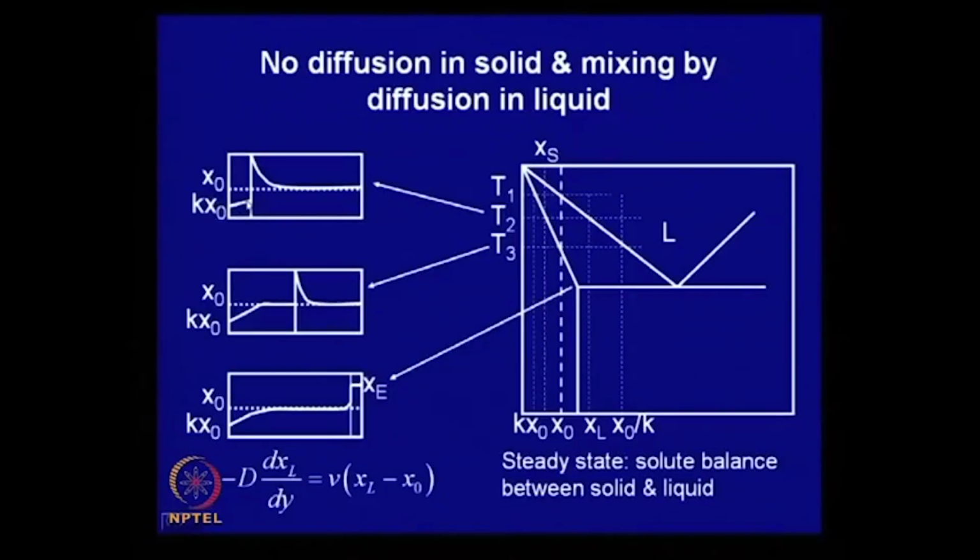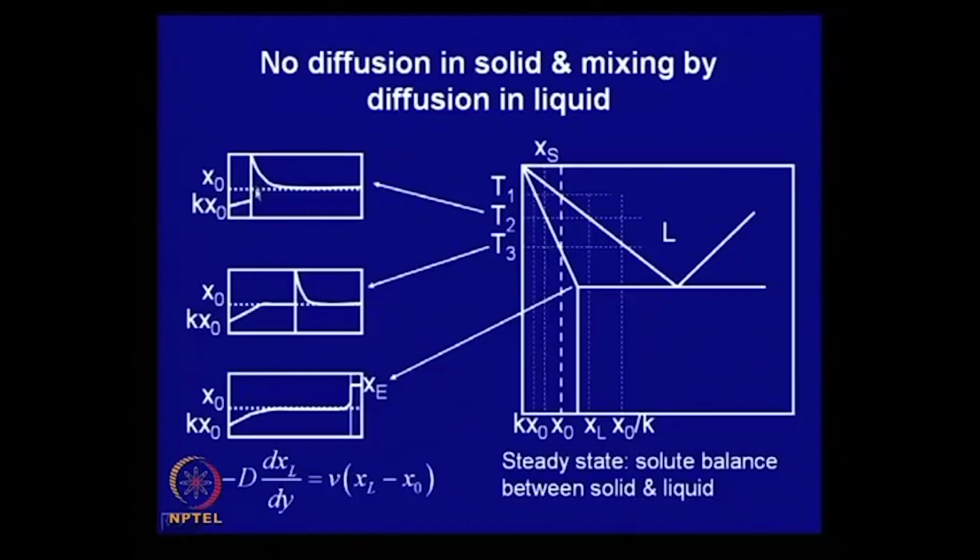This is shown over here, and now what happens is, since the solute is rejected, there obviously will be some build-up, because we are assuming that when this transfer is taking place, the composition of the liquid far away is x naught, but when the solid is rejecting the solute, it is going into the solid-liquid interface.